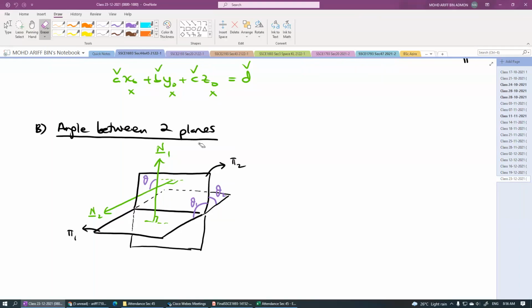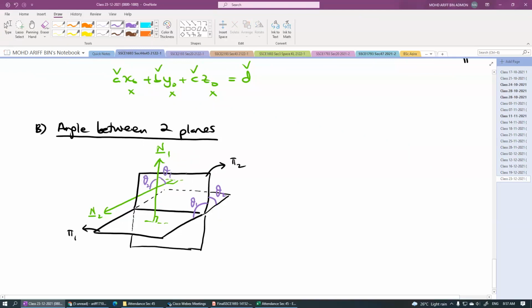No. So this should not be similar to this one. Whereas the angle at the back here should be similar to our theta 1 actually. That's how you understand the relation between the angle of these two vectors and the planes themselves. So basically this is our theta 2, and this is our theta 1 at the back.